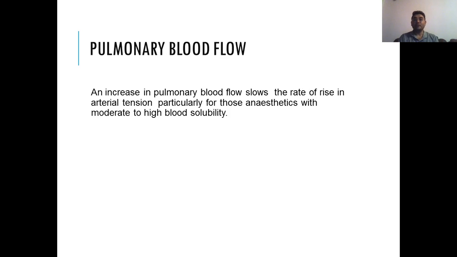It means that when pulmonary blood flow is high, lots of blood comes to the alveolus, and lots of agent will be absorbed into the blood, so there will be a high level of drug inside the blood. When blood has a high level of our agent, a high level of agent goes to the CNS, and then we have a rapid induction and rapid effect of our agent.